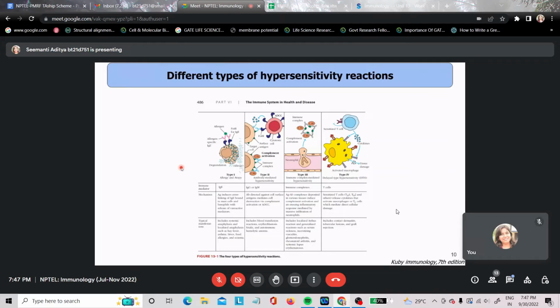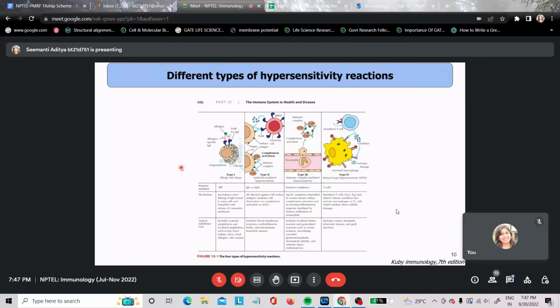So if your immune system acts in an overdramatic way, then you will get this kind of allergic reaction. And it's very common in spring, when pollen grains are in the air, so people get sneezes, and people cough.